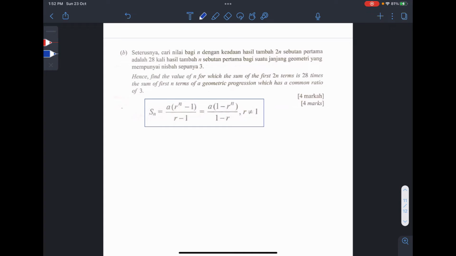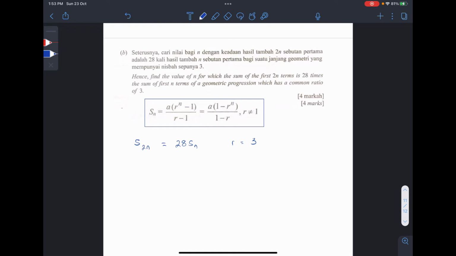So just from the first sentence alone, we know that S2n is 28 times the sum of the first n terms, so 28 multiplied by Sn. This is the information that we have. They also gave us the common ratio, which is 3. That's the r.